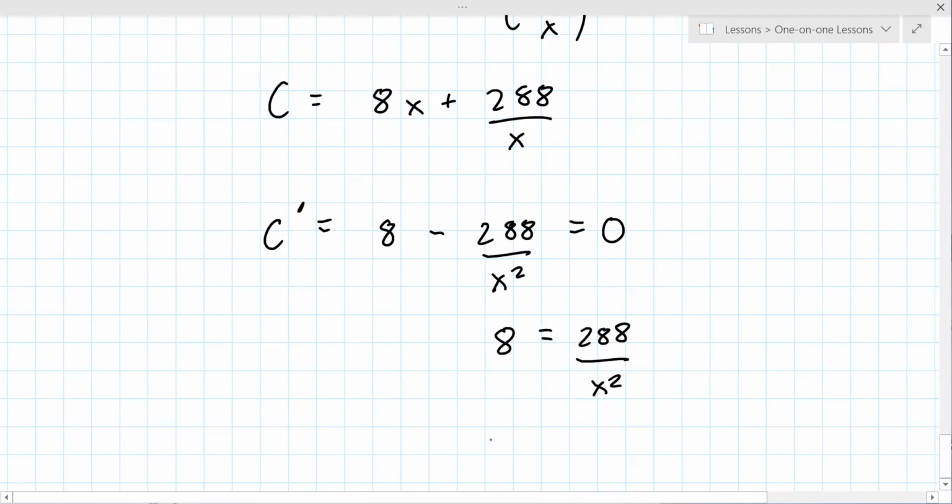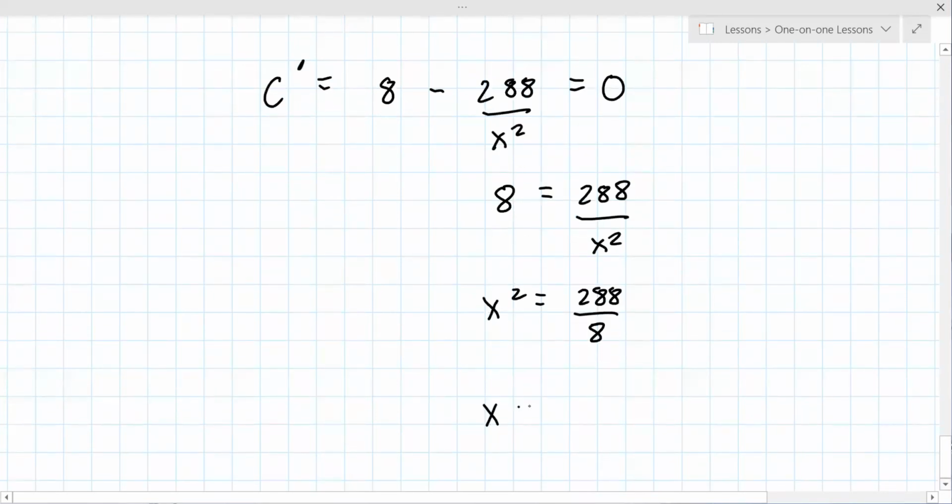Cross multiply and divide. X squared equals 288 divided by 8. And then you take a square root of whatever that is. Looks like it comes out to a nice number because they're not telling you to round. If they tell you to round, then that's an indicator that maybe it's a decimal. So in this case, that's 6.